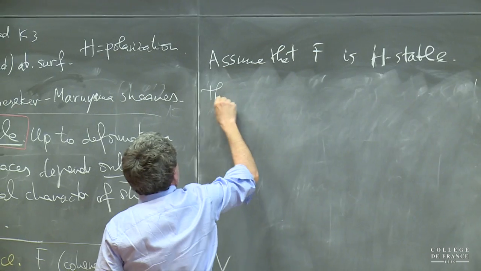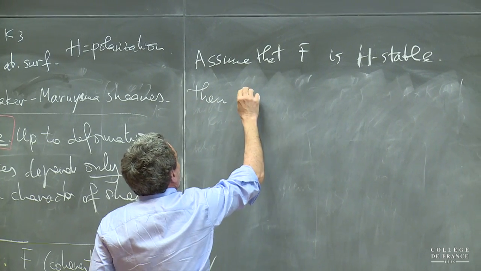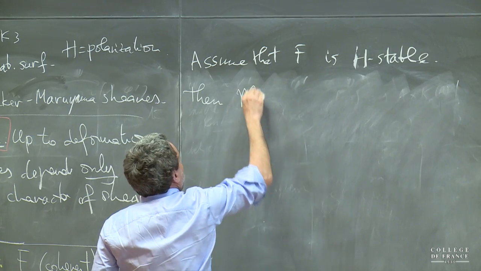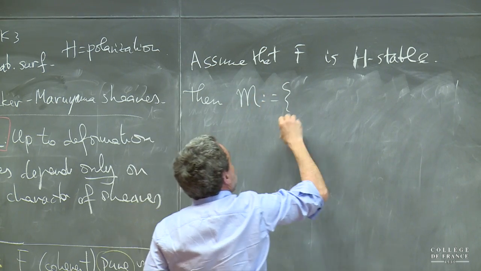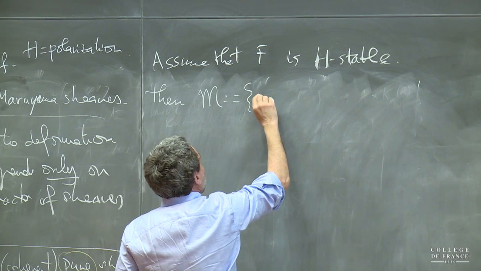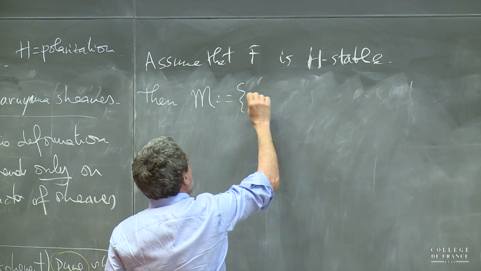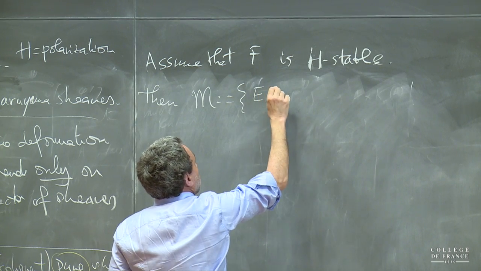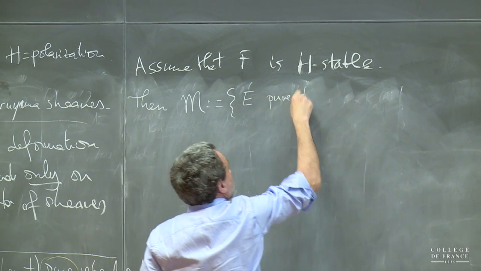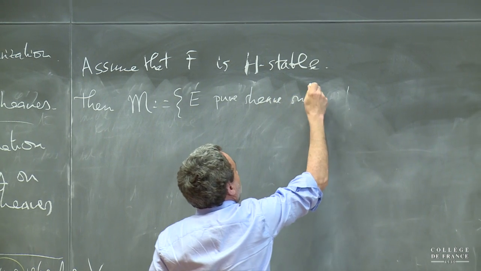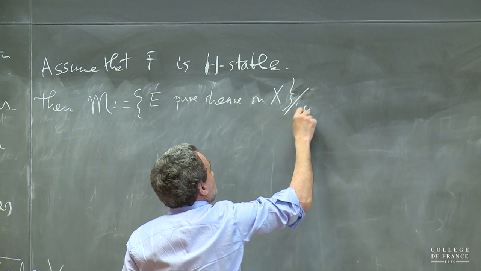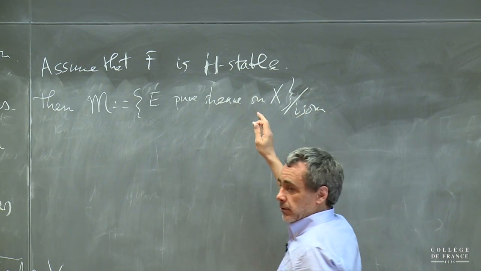Then the moduli space, so maybe I should introduce. Let's say, for the moment, I'm a bit vague, then I'll be more precise, M is the moduli of pure sheaves on X. Now, this is not something we will really consider.